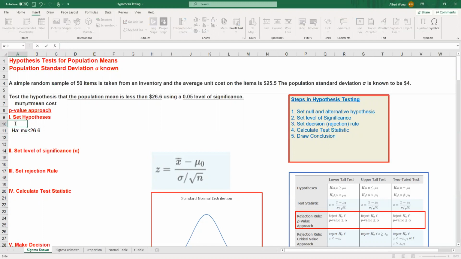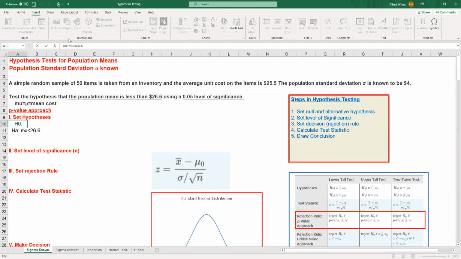And the null hypothesis is called H0. So H0 is mu is the opposite of less than 26.6, so it is bigger than or equal to 26.6. Some textbooks or some authors would just use mu is equal to 26.6 as the null hypothesis. We can prove mathematically they are actually equivalent to what we're doing here.